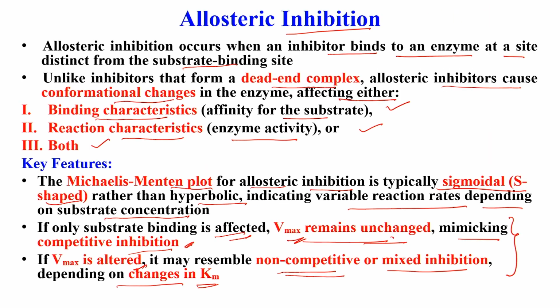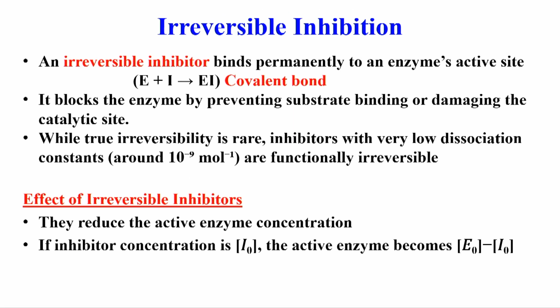So, basically these allosteric inhibitors cause the conformational changes, and these conformational changes affect the affinity for substrate and enzyme activity.